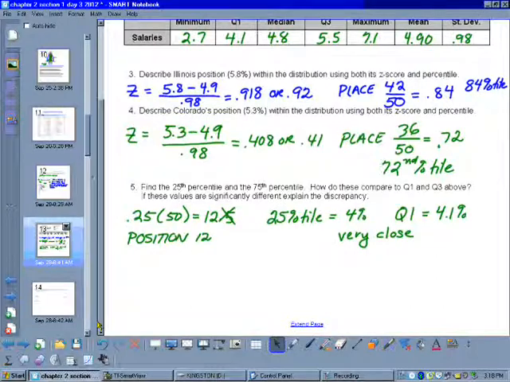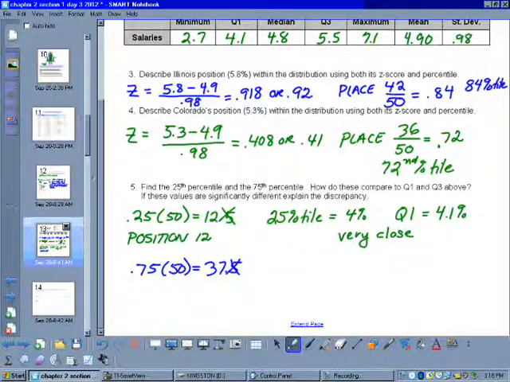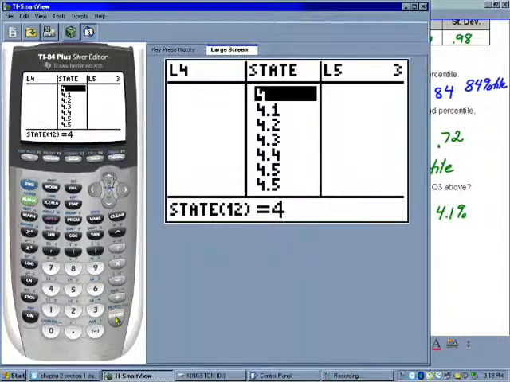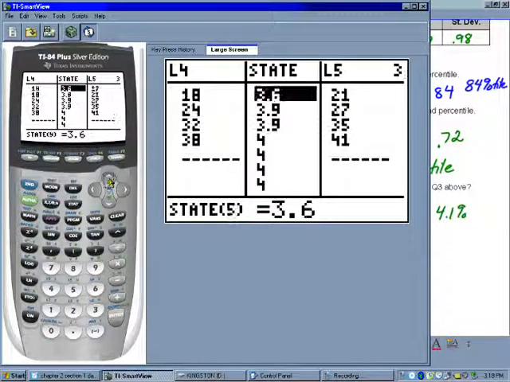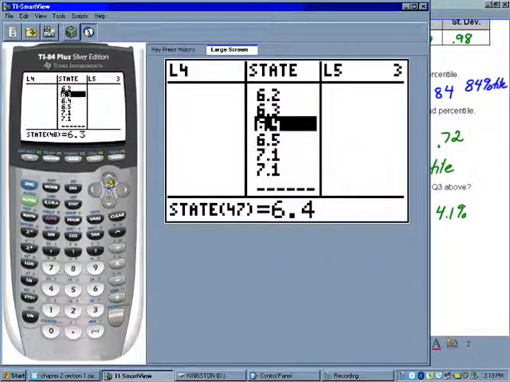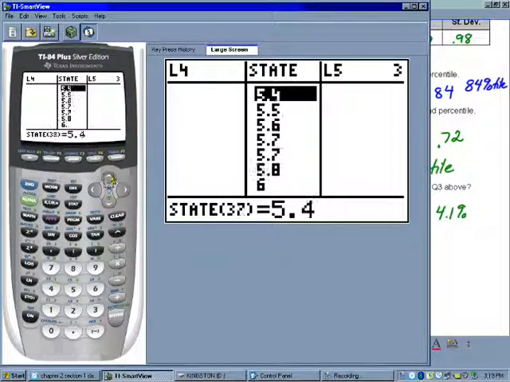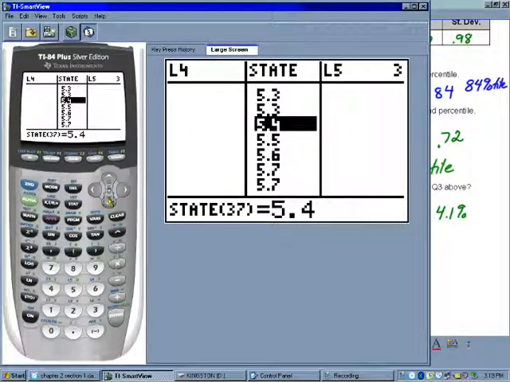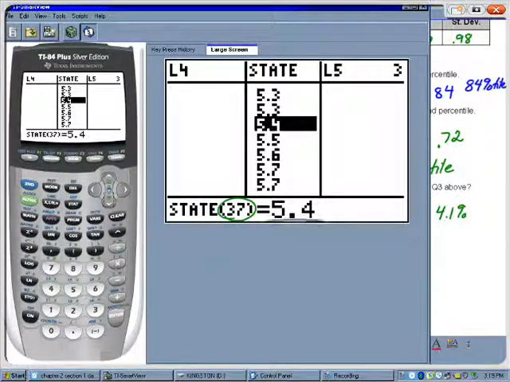Now let's see about quartile 3. 0.75 times 50 states gives me place 37.5. Ignore the .5. I'm looking up position 37. Go back to my calculator. Go to position 37. I find an unemployment rate of 5.4%, position 37.